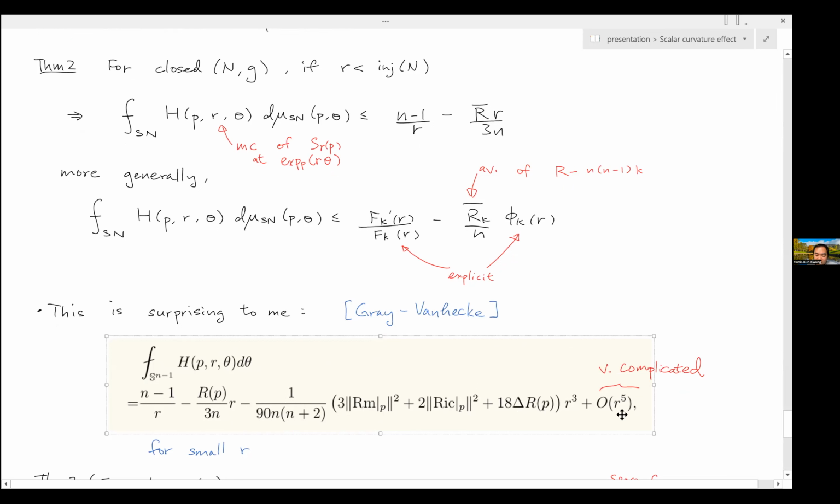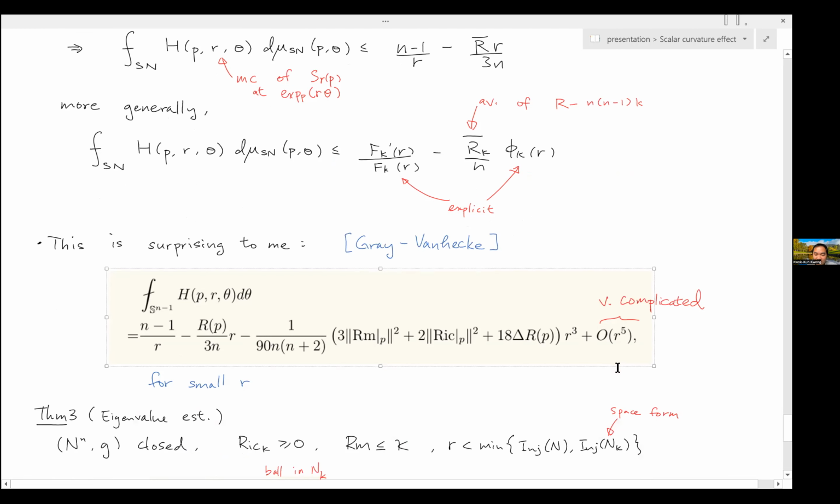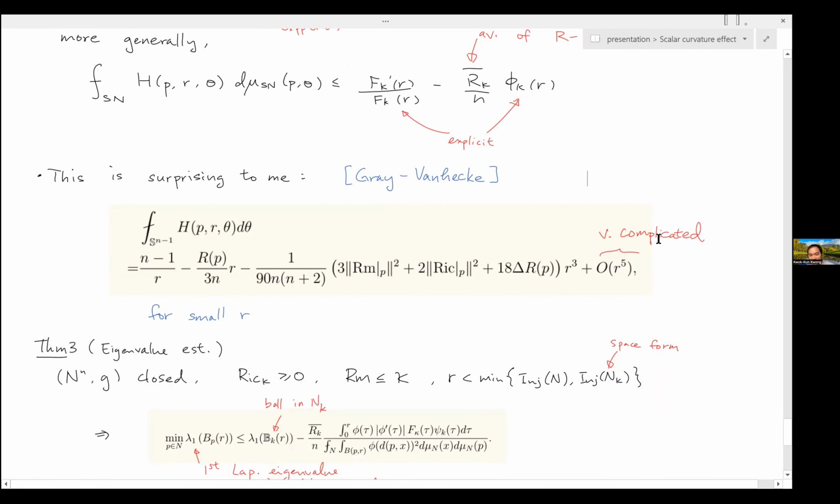But then the next term is really, really complicated. They computed the exact value of this r to the power 5 term, but it spans 3 lines. And I don't think there's an obvious sign. I don't believe there's a sign for that term. So their computation is really quite amazing. I'm very impressed by their calculation.